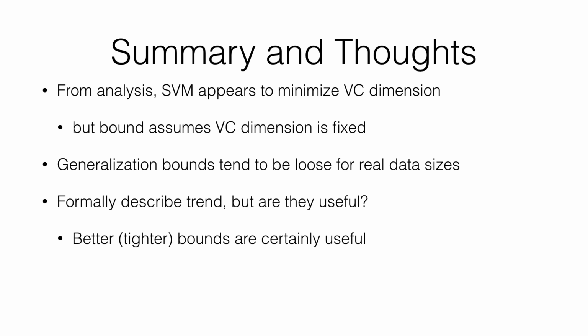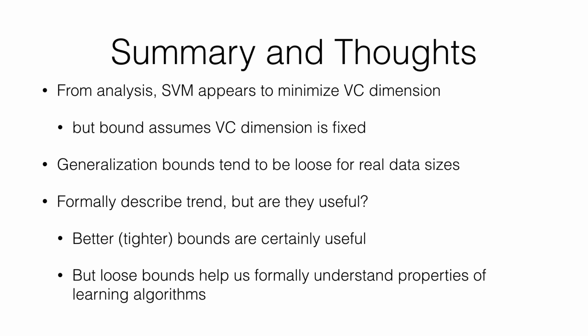They don't require huge numbers to become useful. But then also the loose bounds, the bounds that do require n to be really huge to become meaningful, they still help us formally understand the properties of learning algorithms. So I argue that they still are useful, even if they are loose at realistic settings of n.